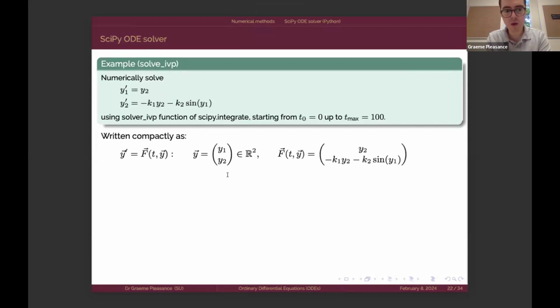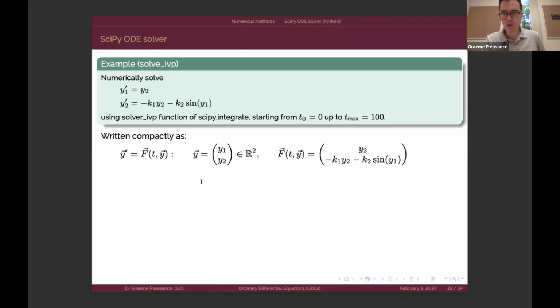We can define a vector y, which is just a two-dimensional real vector containing y1, y2, and then our corresponding function here is also a 2D vector in this form. And this obviously depends on the y vector in the form of y1 and y2.